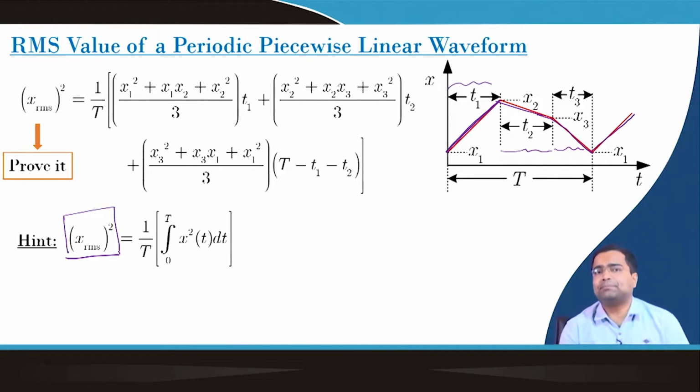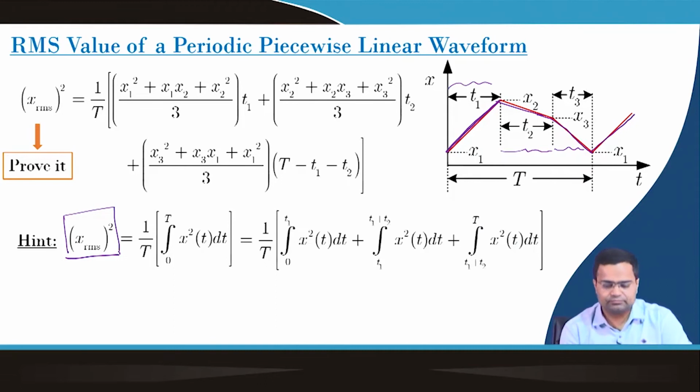As long as we can get a piecewise linear current approximation, we can apply this formula. There can be n number of intervals, more intervals, it does not matter. As long as it is a periodic waveform and piecewise linear, this is valid.